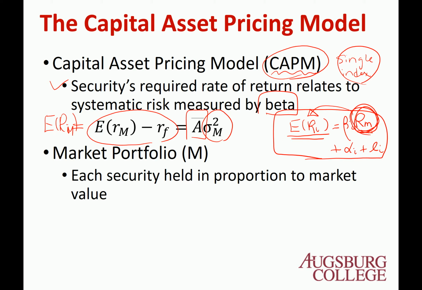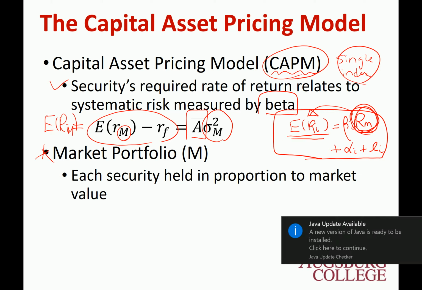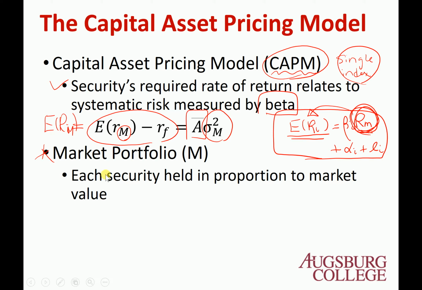And there's a definition called the market portfolio, which is the market returns. It means each security is held in proportion to market value, so you have to hold all securities in the market. If you are in the US market, then all securities in the New York Stock Exchange.